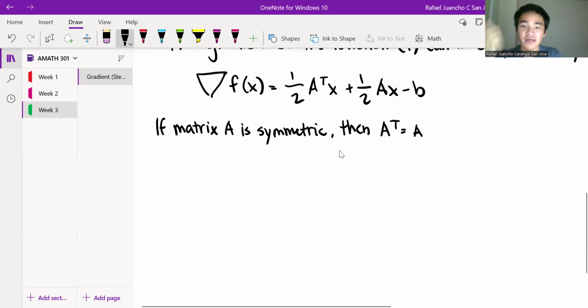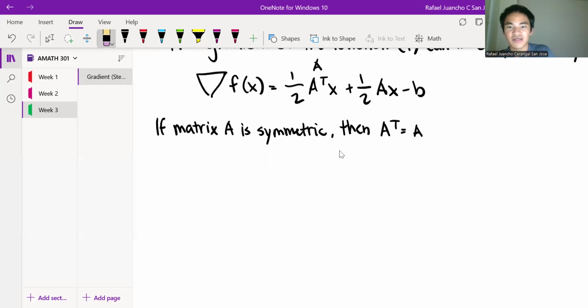And we'll basically get AX minus B. Because if this was A, one half AX plus one half AX, we would just get AX. Then that's AX minus B.